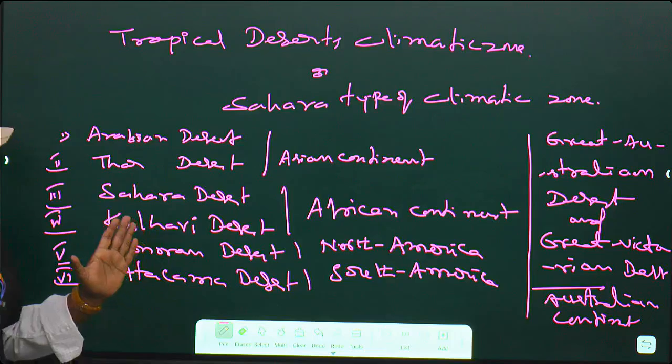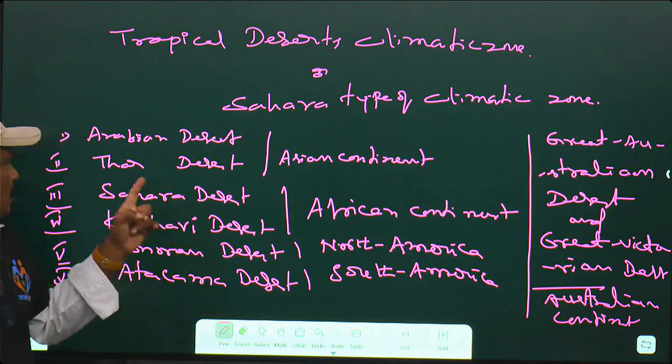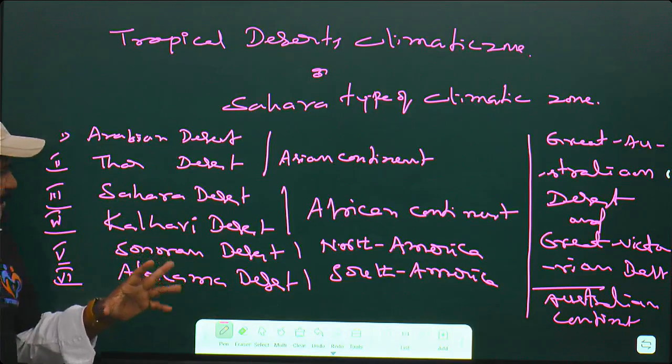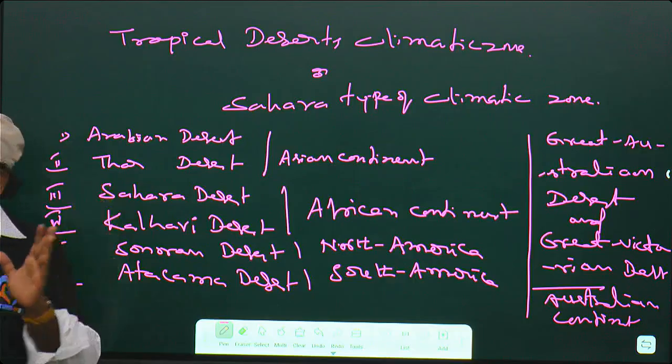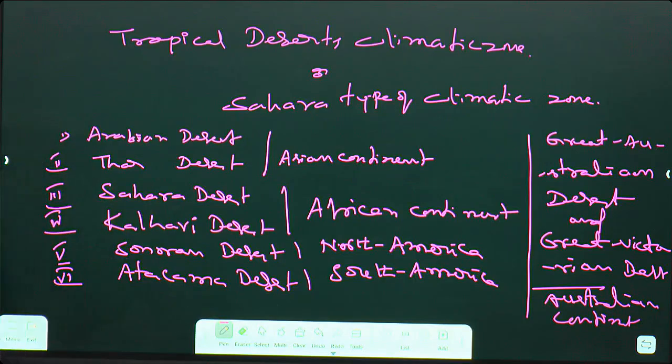We have 8 tropical deserts: Arabian Desert, Thar Desert, Sahara Desert, Kalahari, Sonoran, Atacama Desert. Arabia and Thar, these two we can see in the Asian continent. Sahara and Kalahari, we can see in the African continent. Sonoran Desert in North America. Atacama Desert in South America.